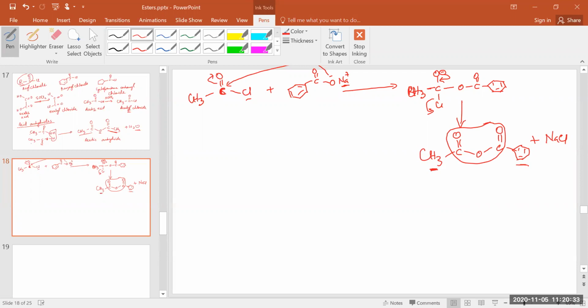So how did this anhydride form? From acetyl chloride and the benzoate. The name comes from the corresponding parent acids, acetic and benzoic, but you have to write them in alphabetical order. So this will be called benzoic acetic anhydride.